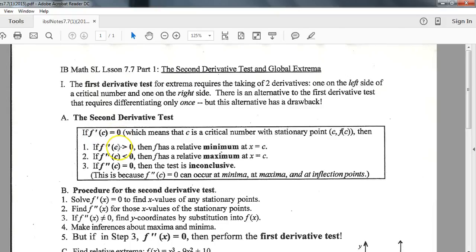What we saw in the last video was if you identify your stationary points and you're trying to figure out whether it's a max or a min or a point of inflection, the second derivative test works like this.